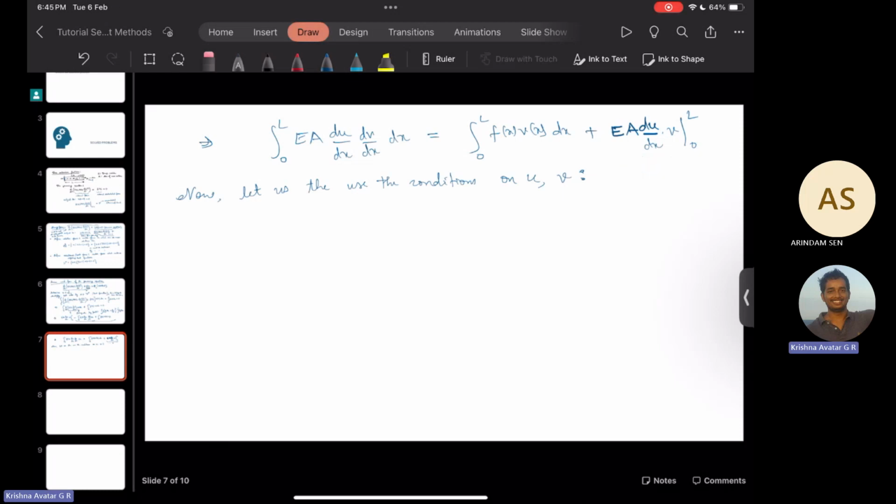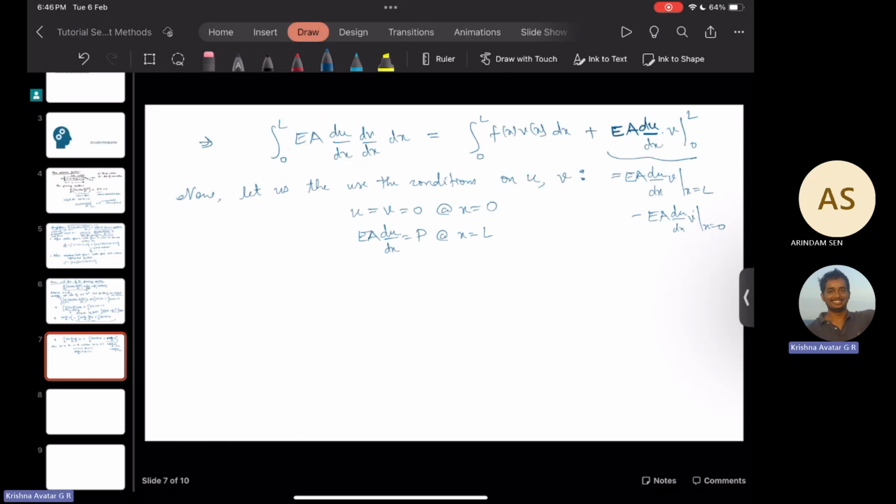Let me just expand it. This term is equal to EA du/dx v at x is equal to L minus EA du/dx v at x is equal to 0. Mind you, from the conditions that we have, u is equal to 0 at x equal to 0, v is equal to 0 at x equal to 0, and EA du/dx is equal to P at x is equal to L. So we'll use these conditions here.